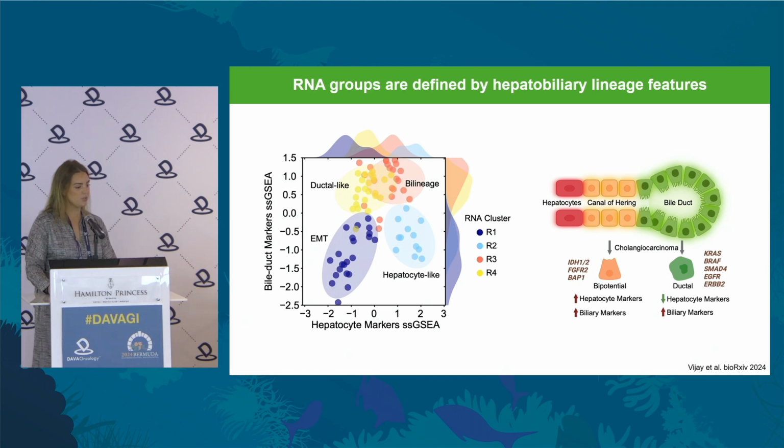And on the right, you can see that these novel classification systems really extend beyond genotypes and include some of these common markers. In the bipotential group, we see IDH1 and FGFR2 alterations, whereas in the ductal group, which has more of a mixed phenotype, we see KRAS, BRAF, and HER2 alterations.